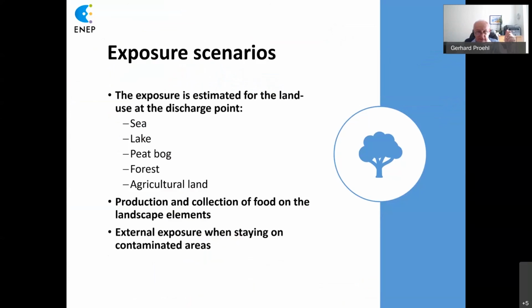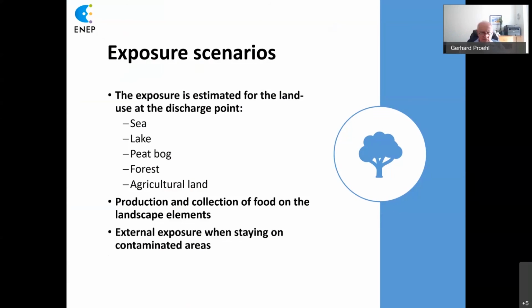So for this system, a number of exposure scenarios were established, and specific exposure scenarios have been developed for the land use at the discharge points, considering the sea, the lake, the peat bog, the forest, and the agricultural land.